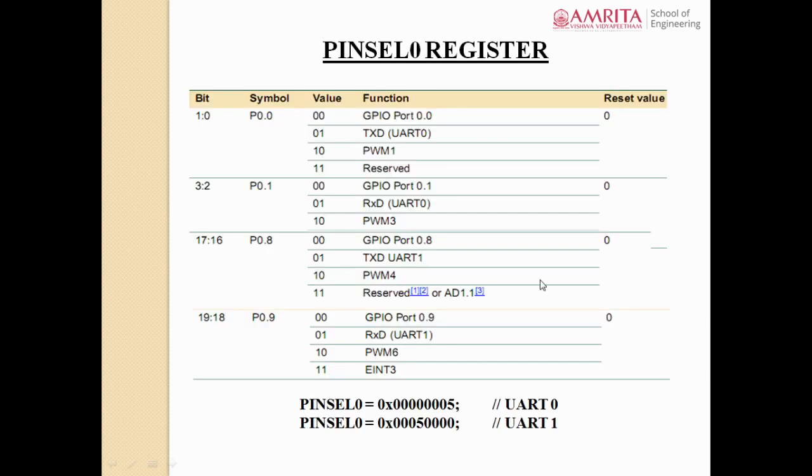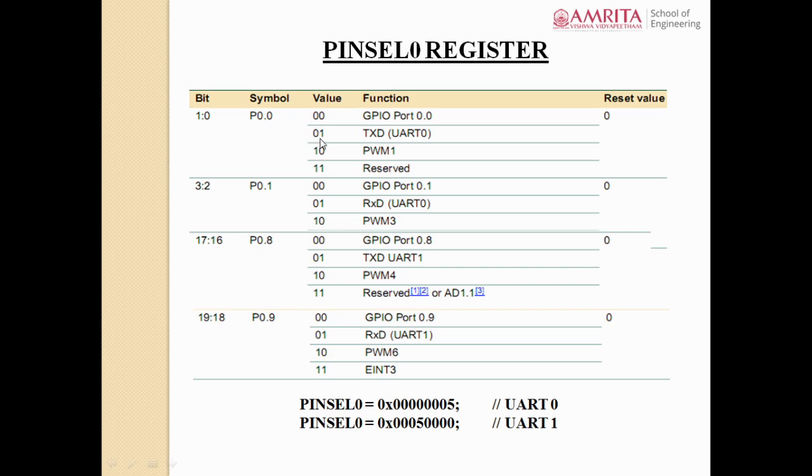So this is the PINSEL0 register. Here you are going to configure P0.0 and P0.1 as TX pin and RX pin. By default, these two pins will be GPIO pins. So how will you configure P0.0 as TXD pin?